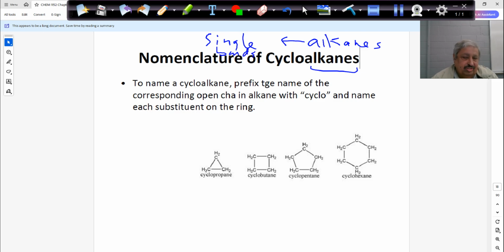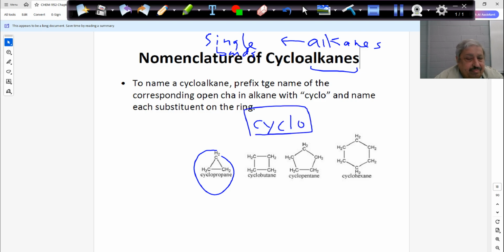Now you can see how they are structured: all the carbons are connected to each other in a cyclic way, closing the ring. So they are always given the abbreviation cyclo at the beginning. Cyclo, and then the number of carbons.